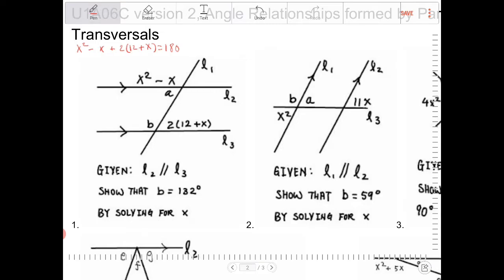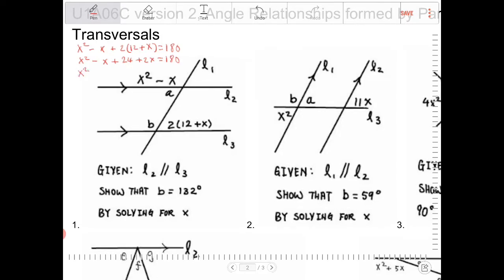So how do we work a quadratic equation? We've got to bring everything over to one side. So x squared minus x plus 24 plus 2x is equal to 180. Combine everything together, I end up with x squared plus x minus 156 is equal to 0.